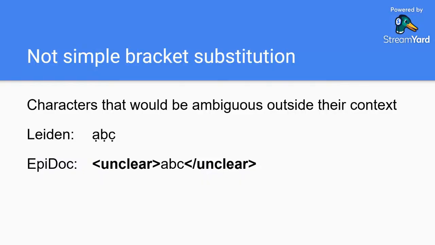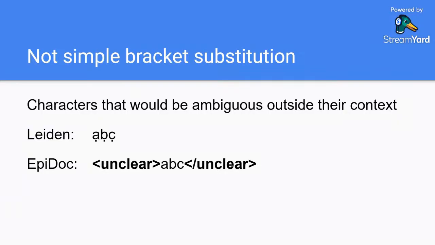A slightly different use is where in Leiden, there are dots under the letters. That was a confusing example for me to mention a minute ago. When we put a dot under the letter, what that means is those letters are damaged or otherwise unclear.